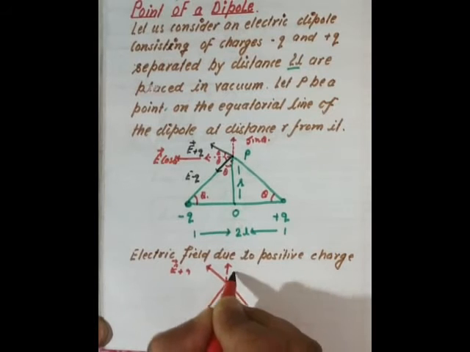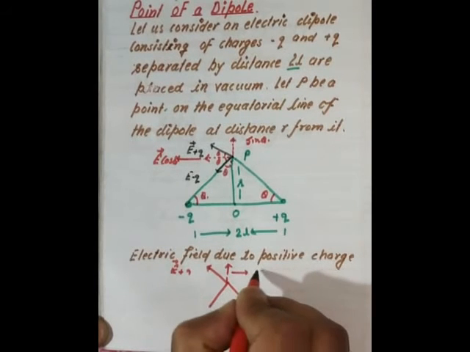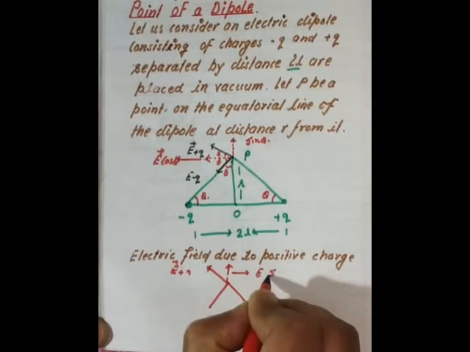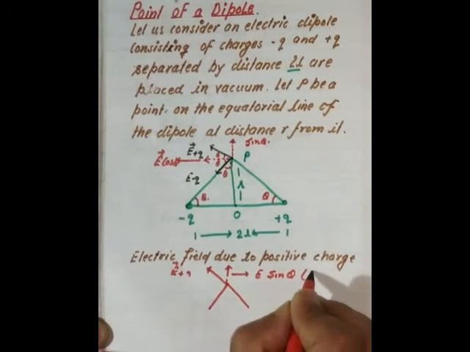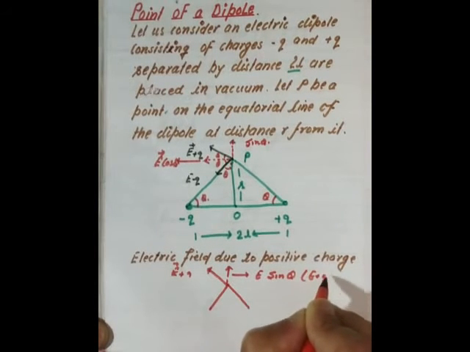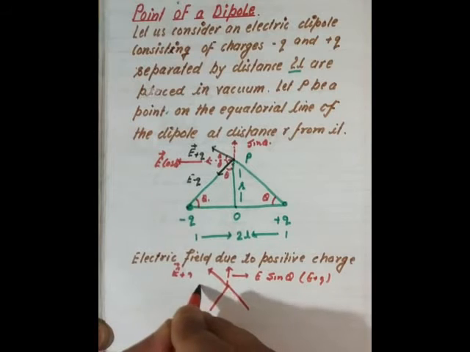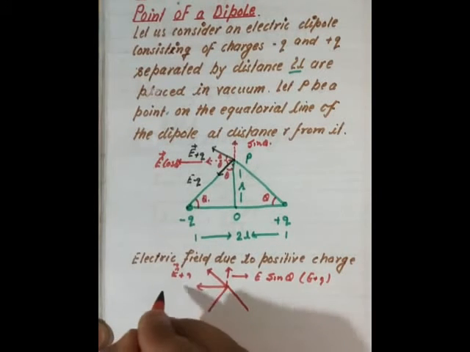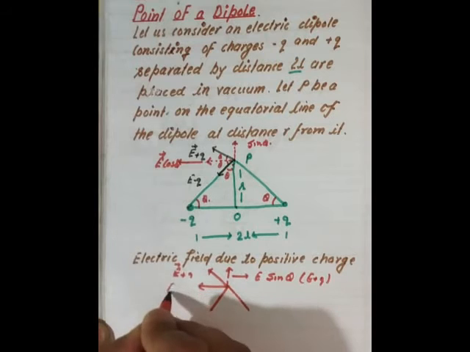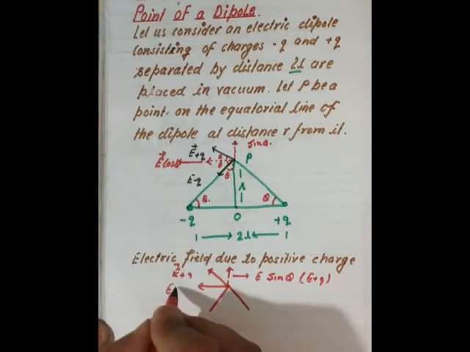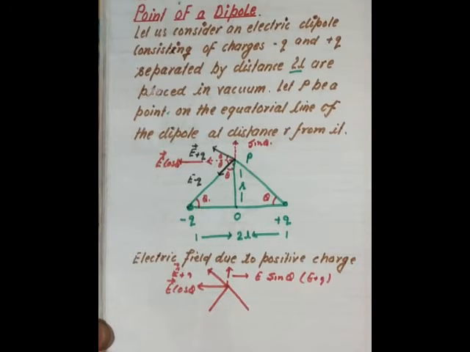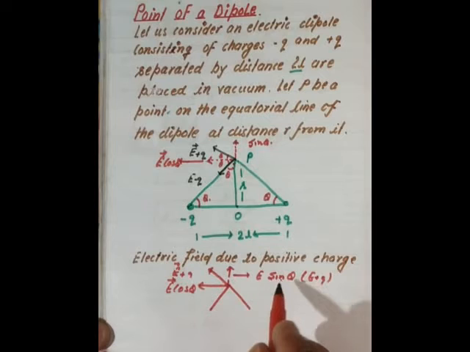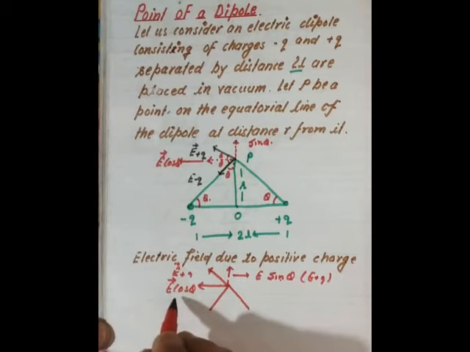This is E positive sine theta, and this is again by the positive charge, E cos theta. This is the normal component of the electric field. This is the axial component of the electric field.